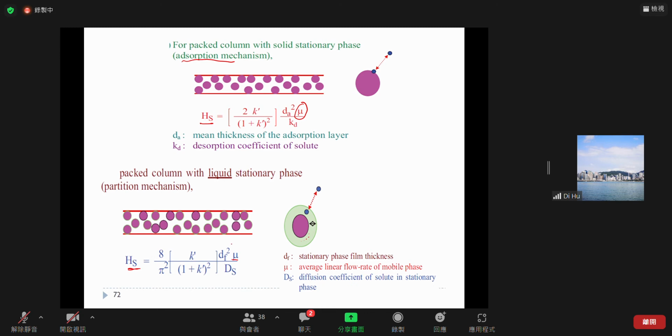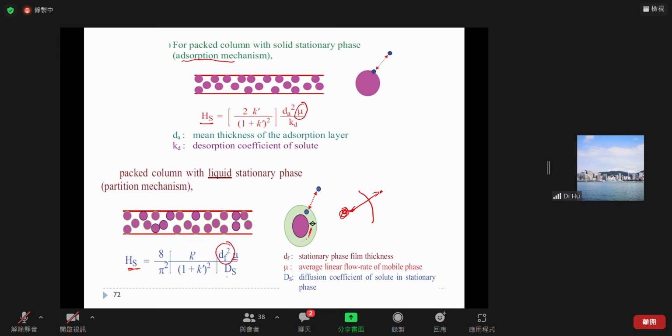How about the df? If I have only a thin layer, it will be faster for the analyte to diffuse into the stationary phase and reach equilibrium. If I have a much thicker layer, it takes longer for it to get in and diffuse out. So the thinner the stationary phase coating, the easier it is to reach equilibrium, because it has less distance to travel to diffuse in.